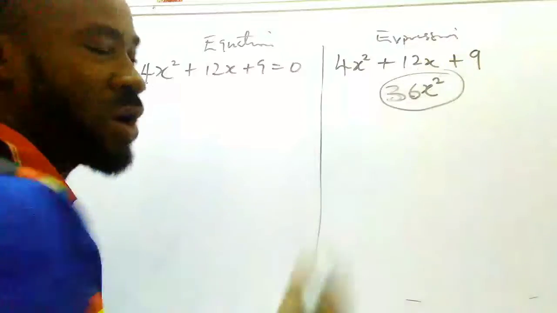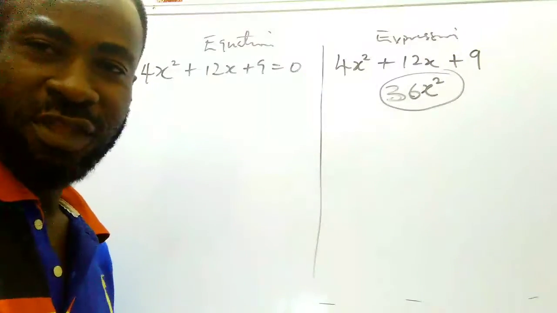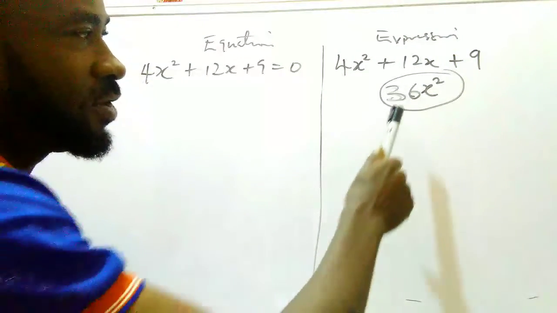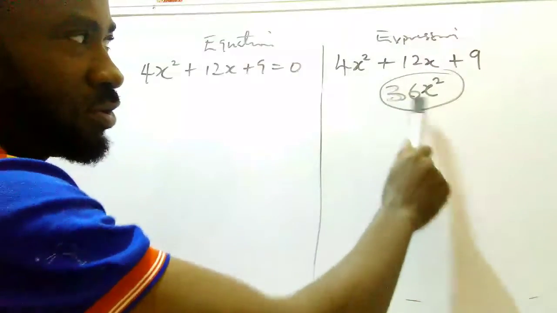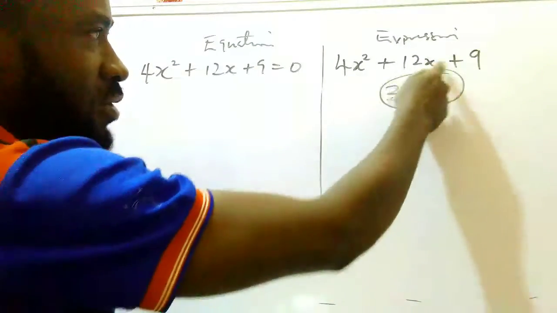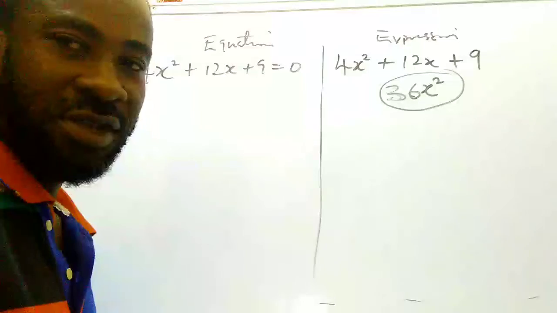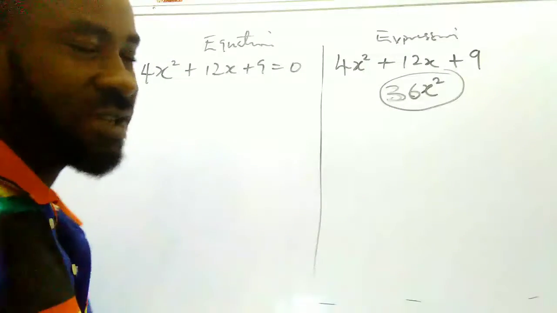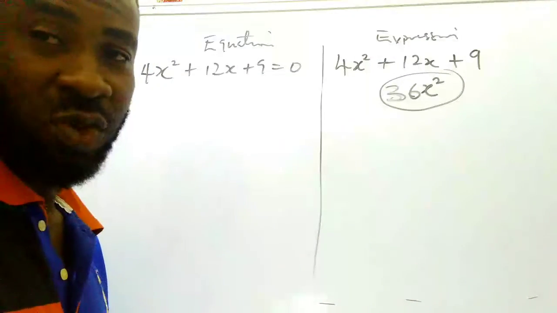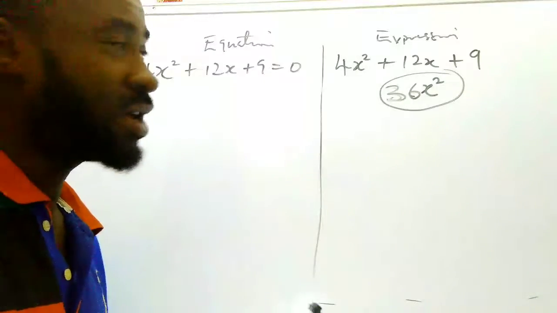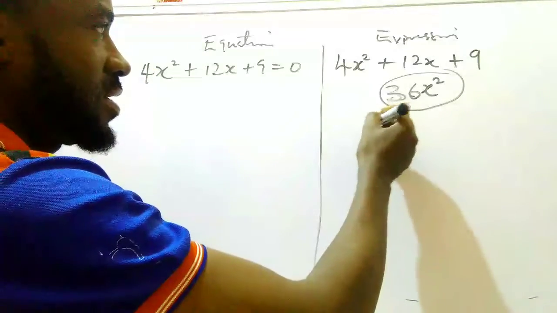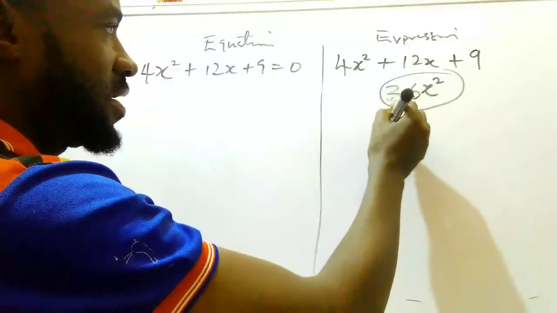Now, all we have to do next is to look for two factors of this product that will give us the middle term, which is 12x, and the two factors of 36x squared that will give us 12x when summed together are 6x and 6x.